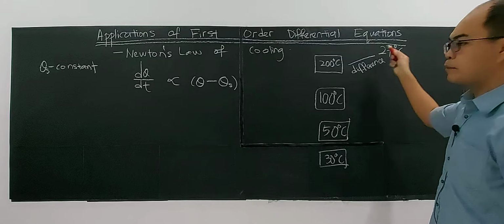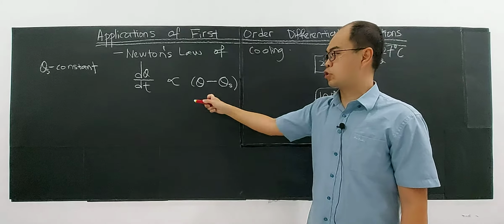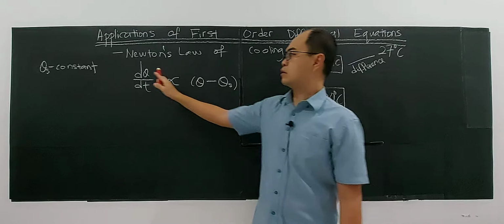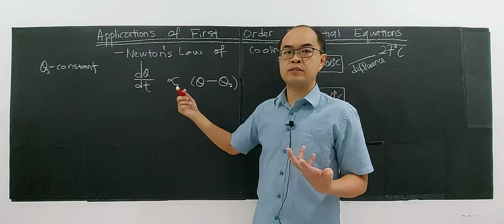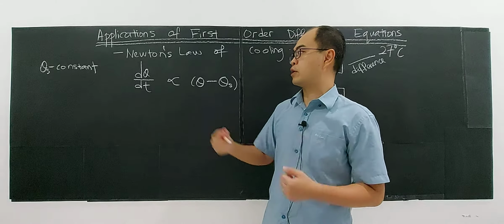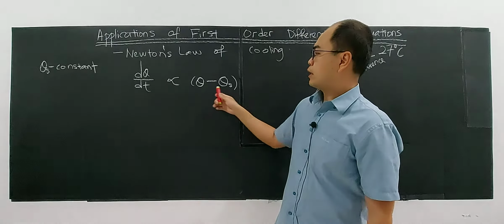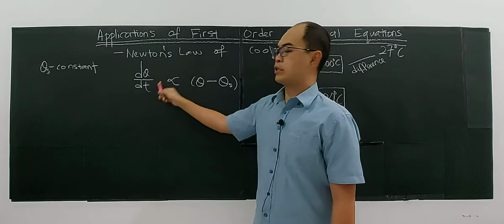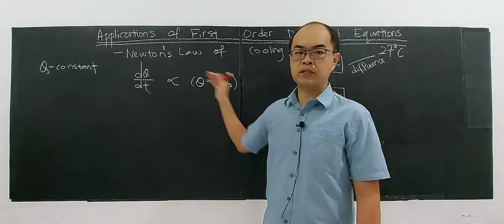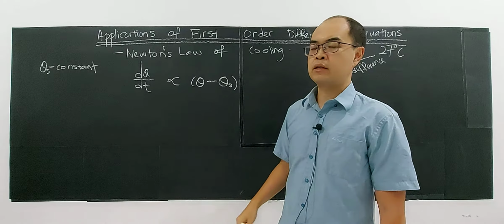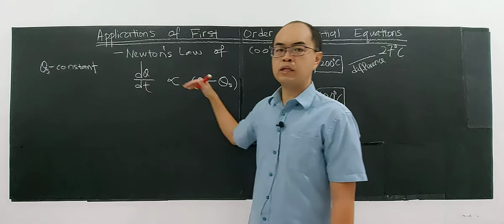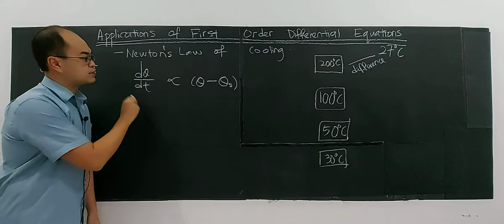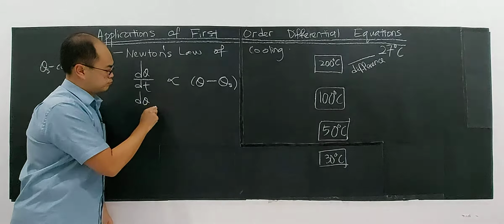This shows it is true: the bigger the difference, the bigger the rate of release of heat. As the difference gets smaller, the rate is also reduced. They are directly proportional, berkadar secara langsung. Meningkat, dia meningkat. Menurun, dia pun menurun. Itu maksudnya directly proportional.